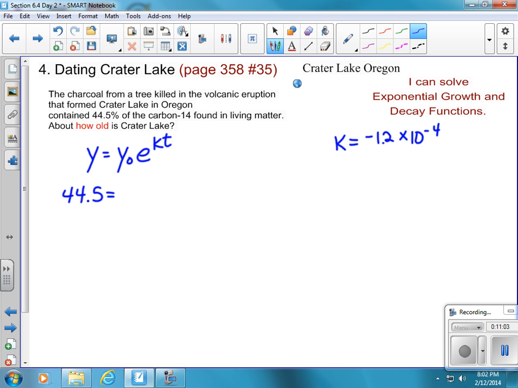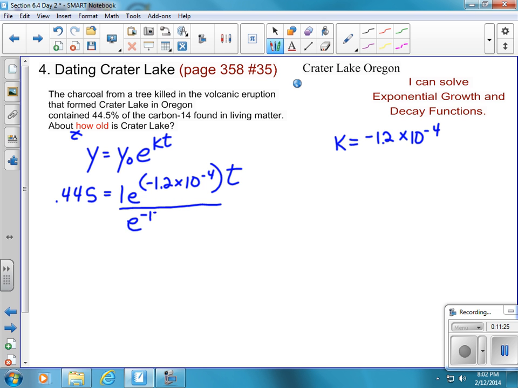Actually, it would be 0.445, sorry, it's a percent, and the beginning amount is 1. Here's our k, negative 1.2 times 10 to the negative fourth, and we want to find how old Crater Lake is, so we want to find t. So take 0.445, divide by the e to the negative 1.2 times 10 to the negative fourth, that'll all cancel out, and divide it over here.